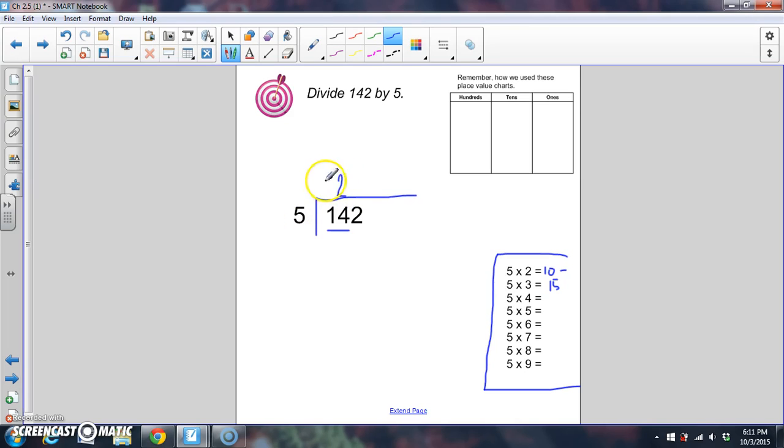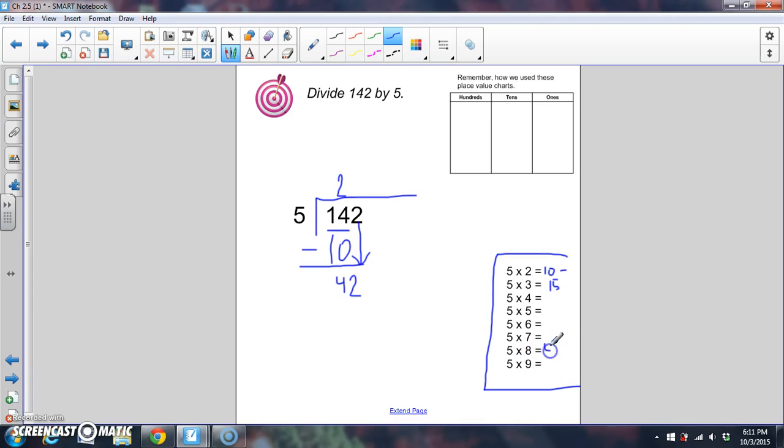5 times 2, multiplying these together, again gets me 10. I'm going to subtract. 14 minus 10 is 4. My next step is to bring down the number, 42.